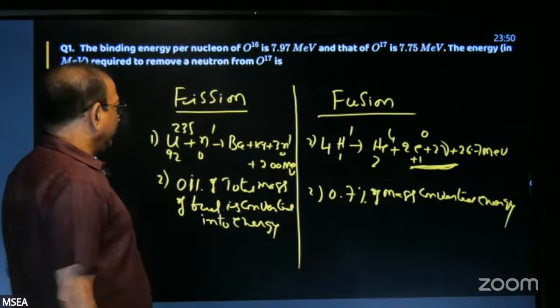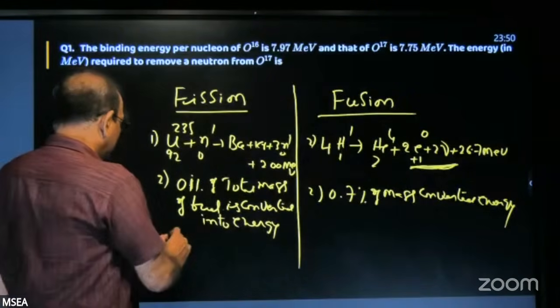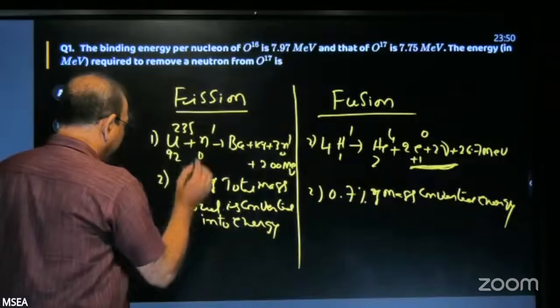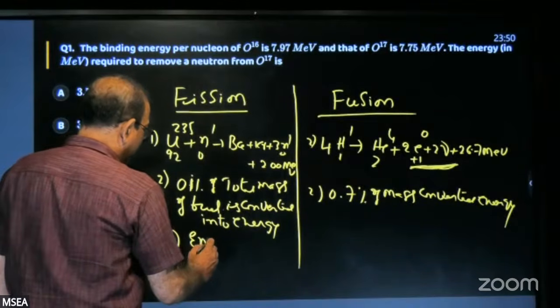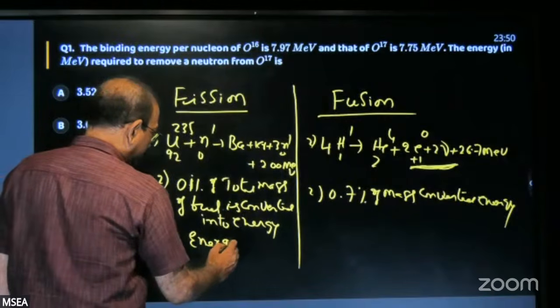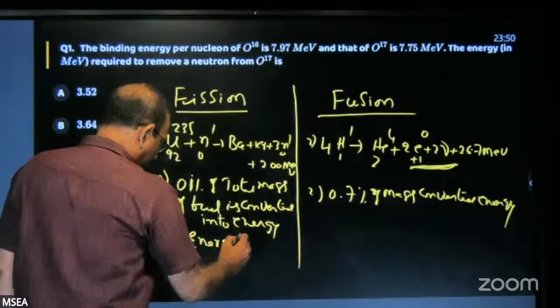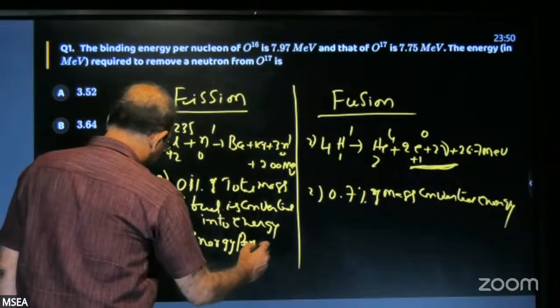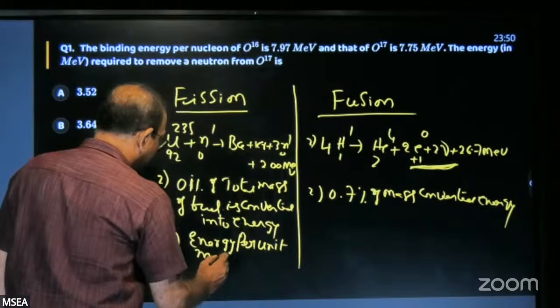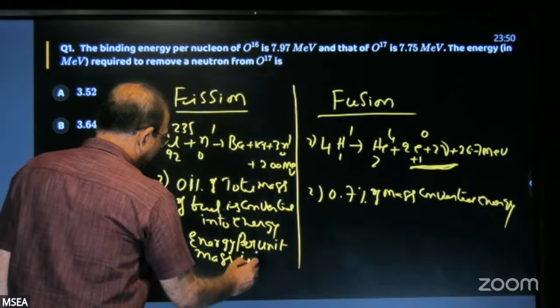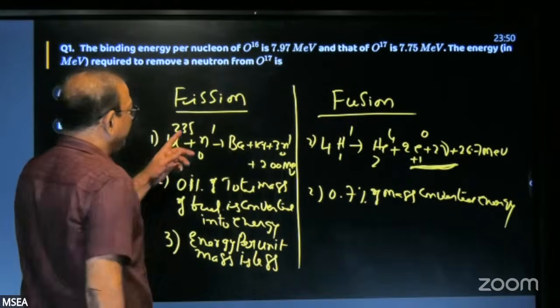That's why energy per unit mass, energy released per unit mass, is less in fission.